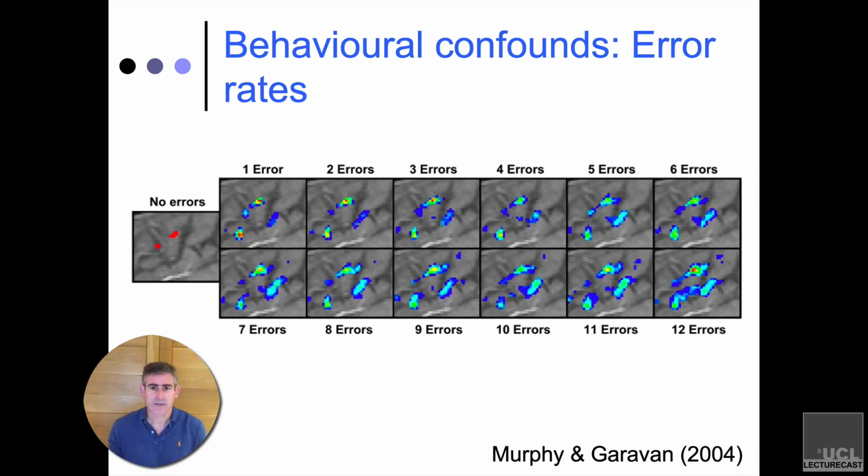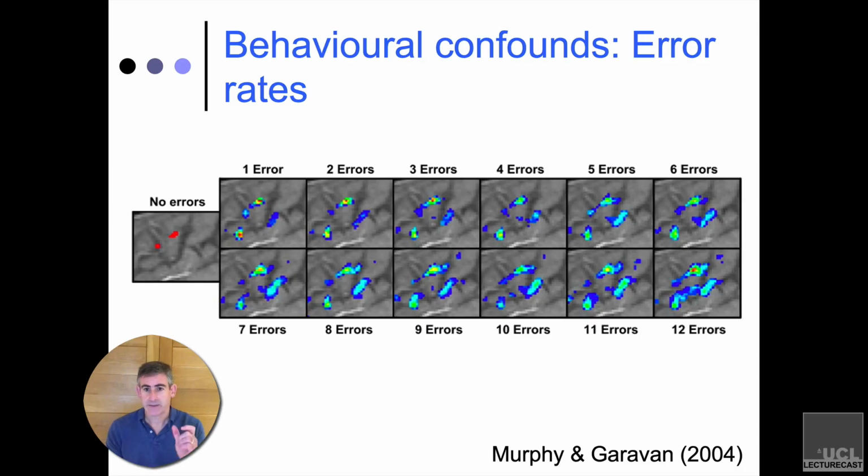And it was a hard task, so sometimes subjects got questions wrong. And you get a certain pattern of activation. But if you simply divide it up afterwards and say, well, what about if you only analyze the questions that they got right and take out the things that they got wrong, well, then you get a very different pattern. So that's what's shown there in red on the left, where you're only looking at the no errors.